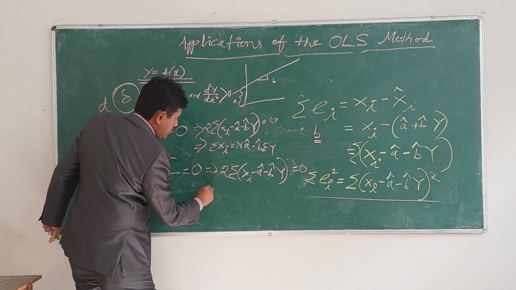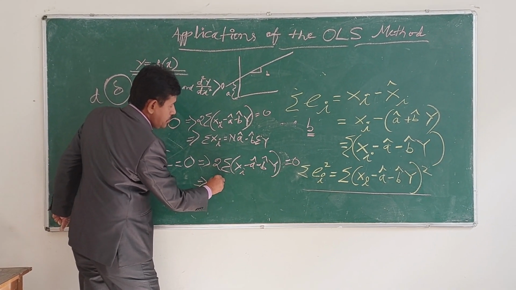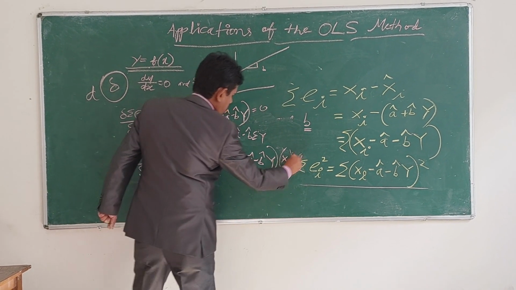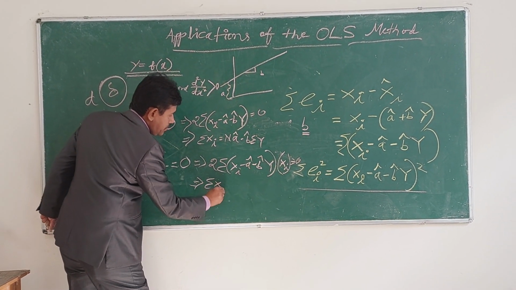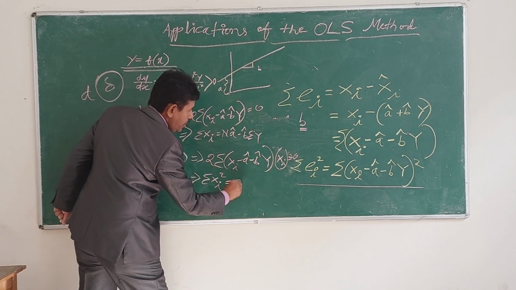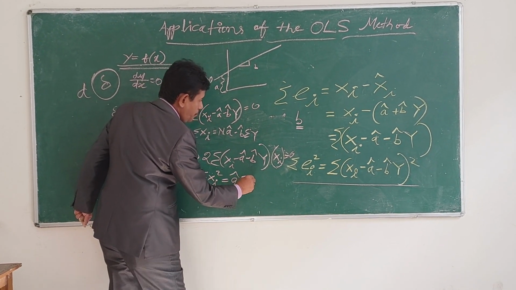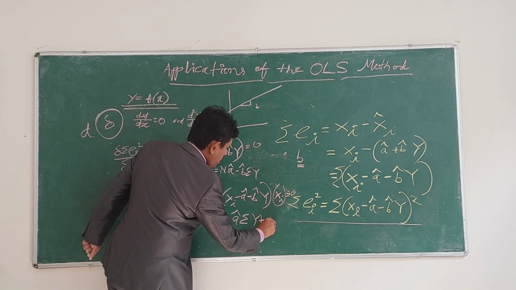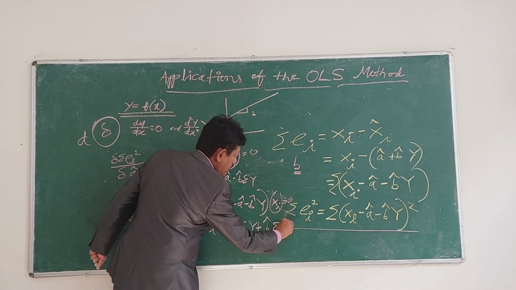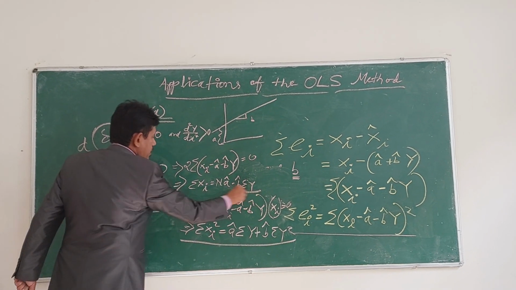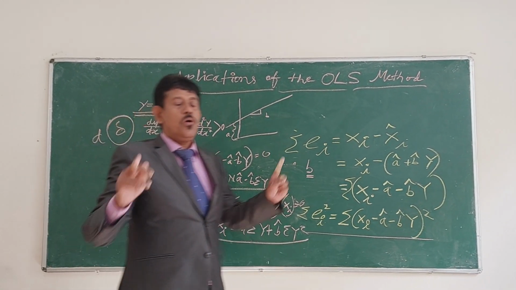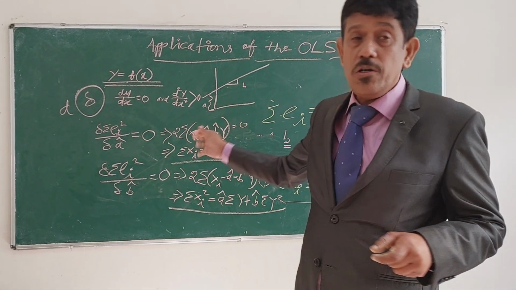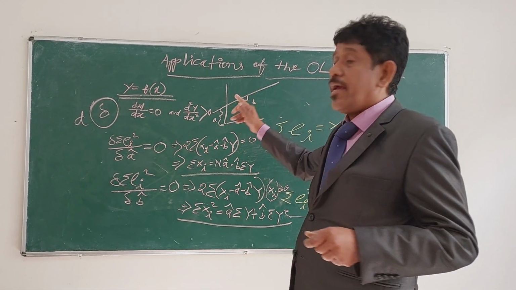Or finally we shall get summation xi y is equal to a cap summation y plus b cap summation y square. So this and this, these are the two OLS equations, by using which we shall derive the line of best fit.